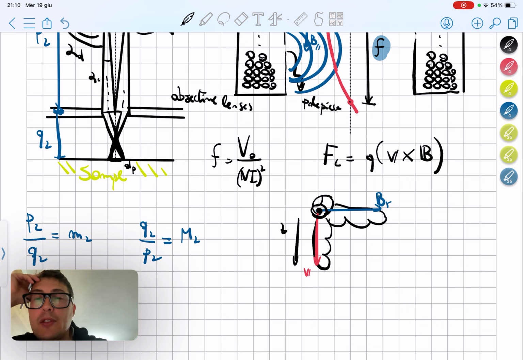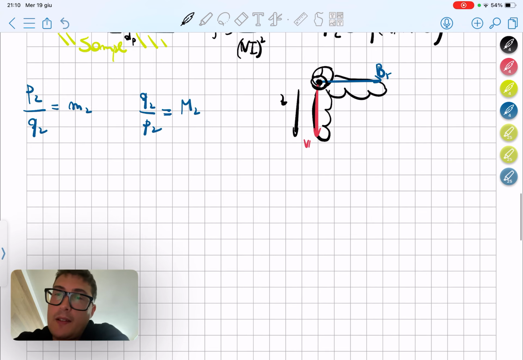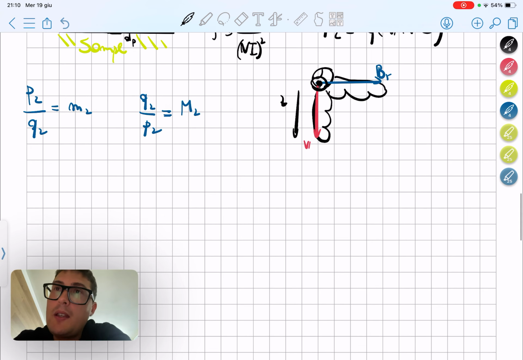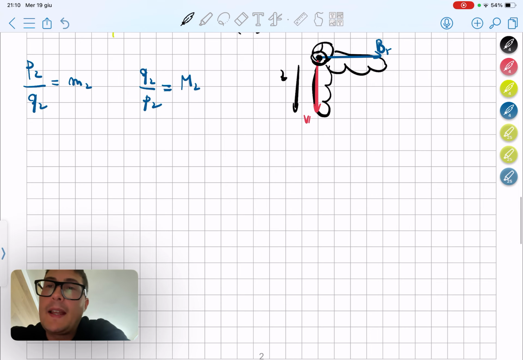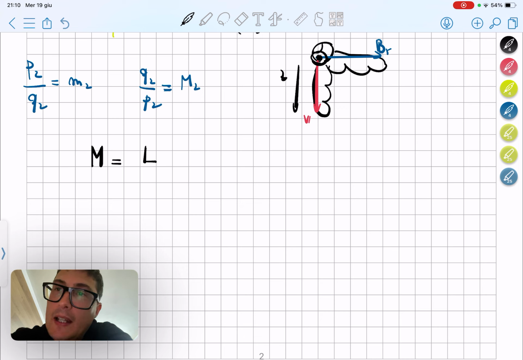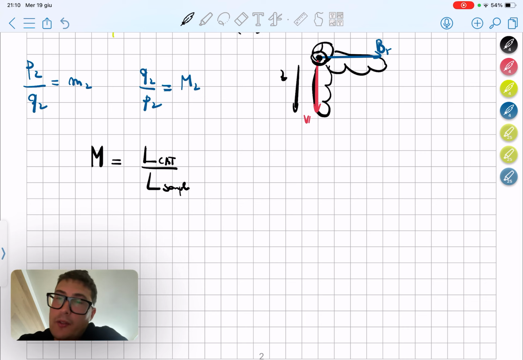As an experimentalist, what you can do is essentially modify three parameters. But let's talk first about one thing that I didn't mention, which we will come back to later, but it's very important. What is actually this magnification? This M, the magnification, is defined as the length of the cathodic ray tube, CRT, divided by the length of the sample. But what is the cathodic ray tube?